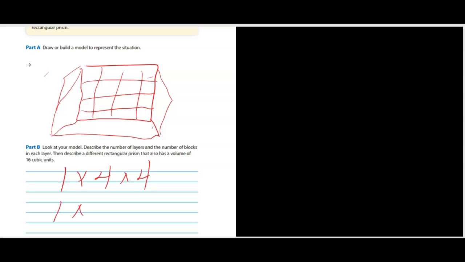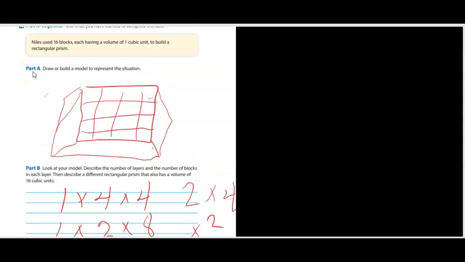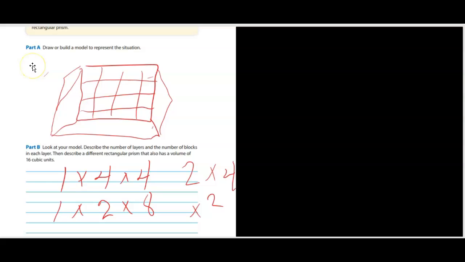I could do 1 by 2 by 8. Could I do 2 times 4, which is 8, times 2? What's my volume? 16. So there's a couple of different ways that you can do this one.